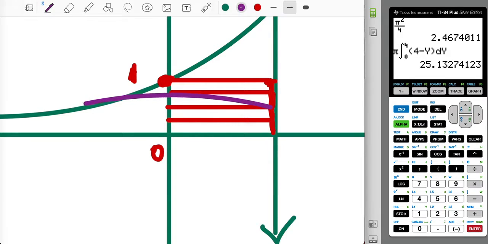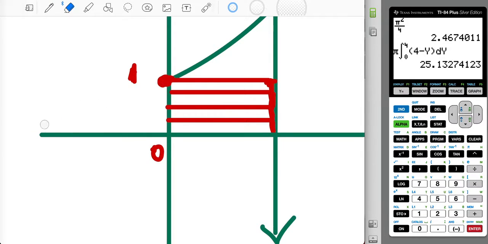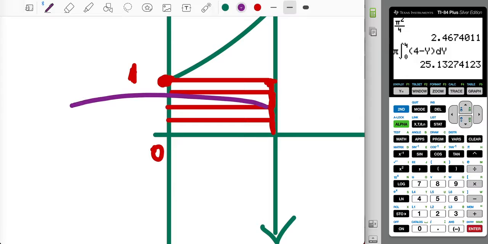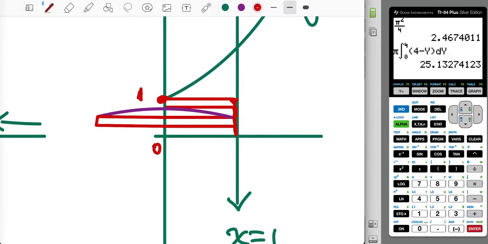But really we don't need all of this because it's bounded by the axis. But if I draw that disk, again, that's just a half disk.